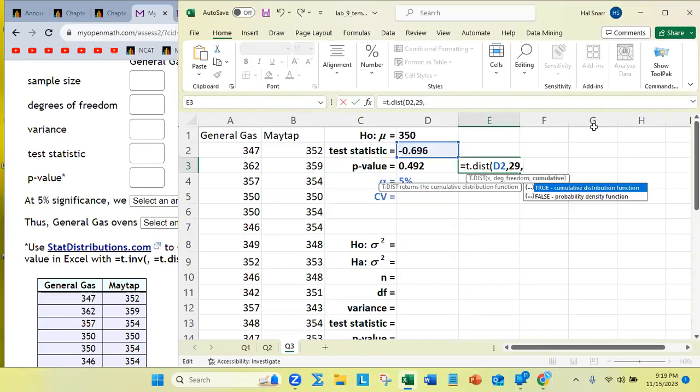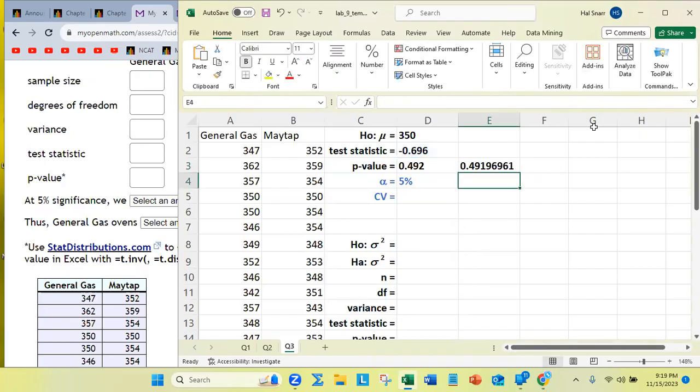And then I need to do true. Now, because this is a two-tailed test, I've got to multiply this by 2. And in fact, I get 0.492, right? I actually get it to 4 decimal places. So this is what was given in the problem, and this is me calculating it, right?